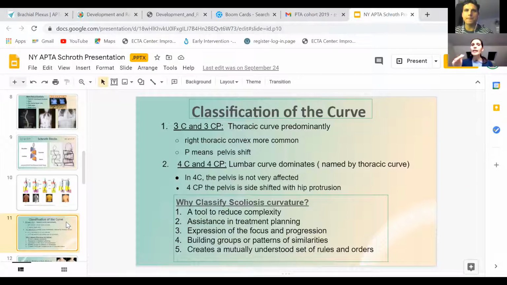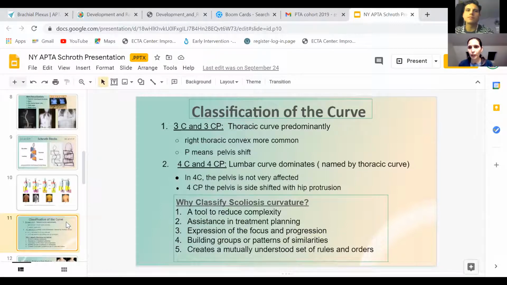Okay? If, let's say, the lumbar curve seems to be the largest curve or that largest block, then it would be a 4C or a 4CP. Again, P means that the pelvis has elevated and sometimes rotated. So this is how we name it.